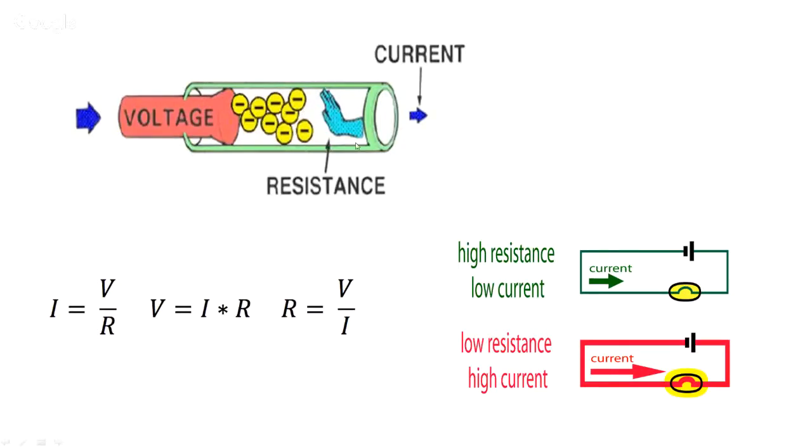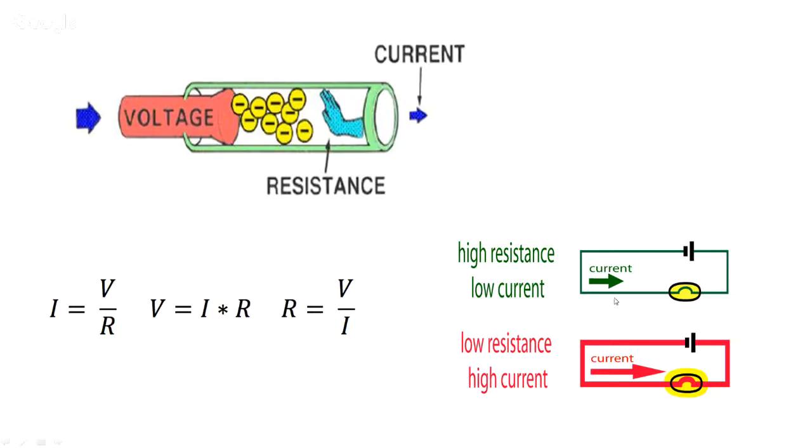But the property of the material of the conductor opposes the flow of current. This property of the material by virtue of which it opposes the flow of current is called resistance.